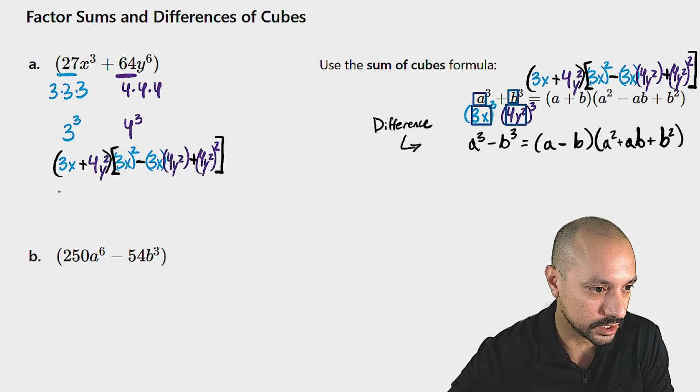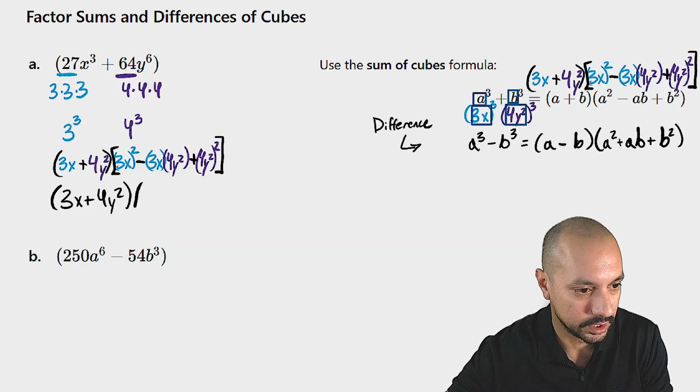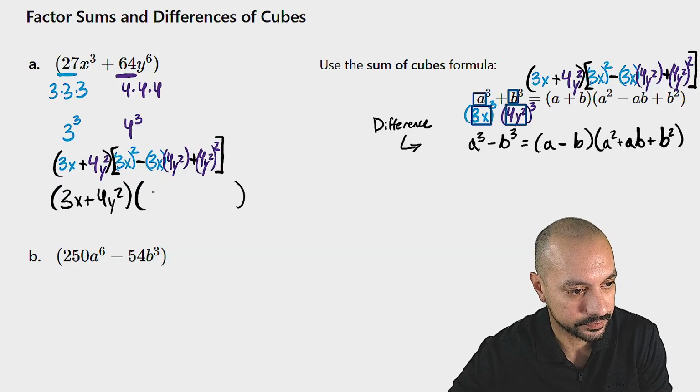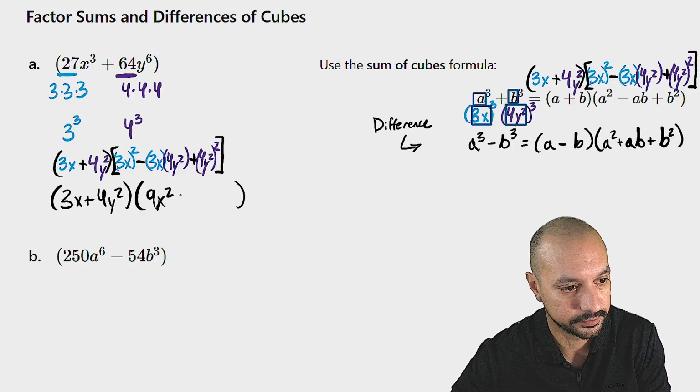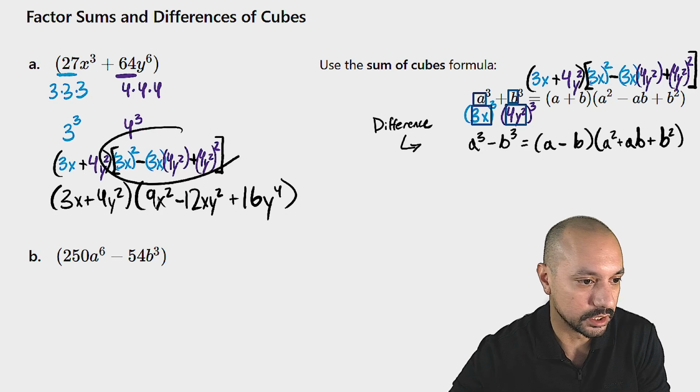So when we end up cleaning all this up, we end up with the binomial 3x plus 4y squared times the trinomial 9x squared minus 12xy squared plus 16y to the fourth power. And that's me just cleaning all of this up.